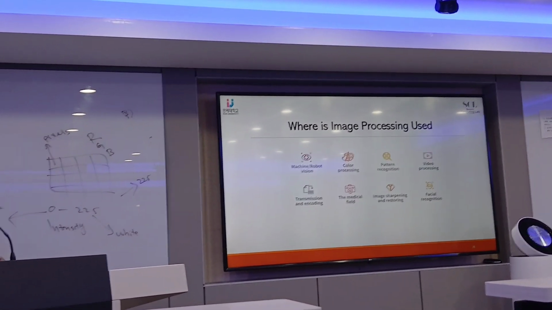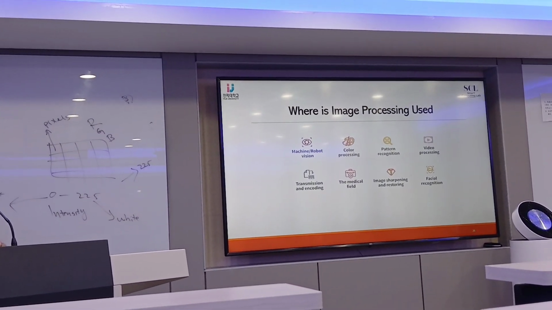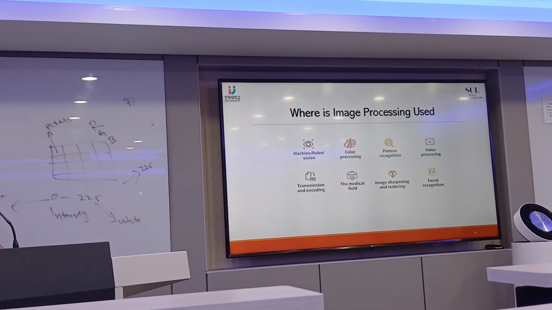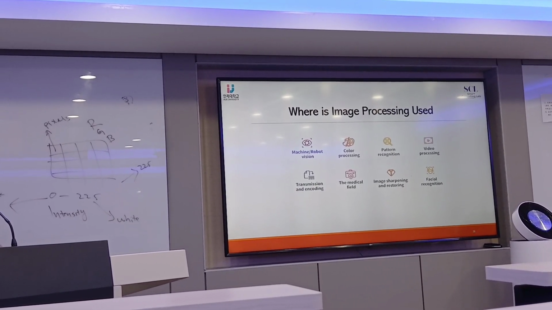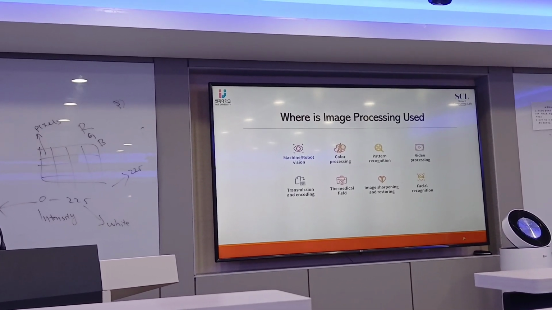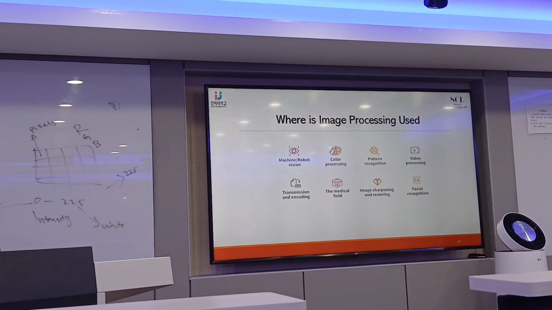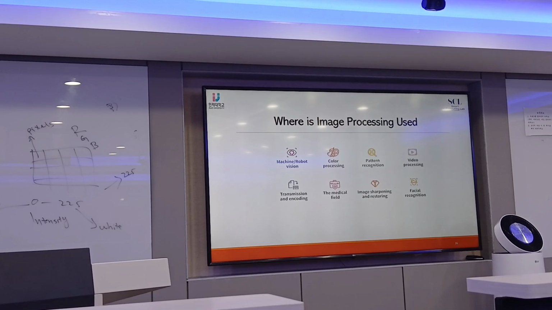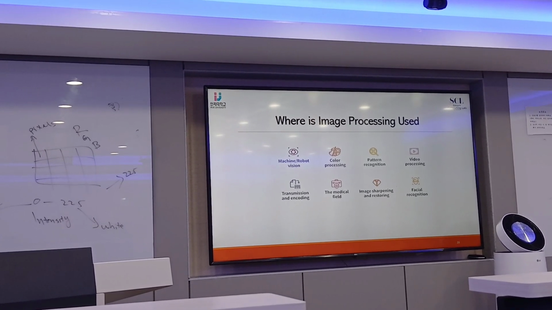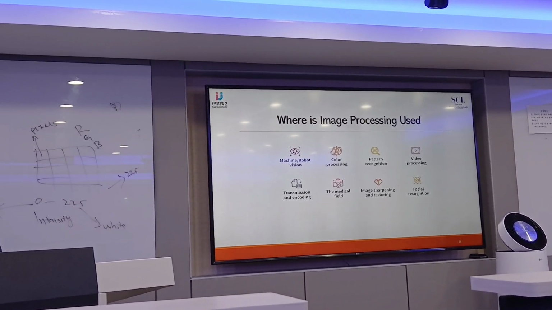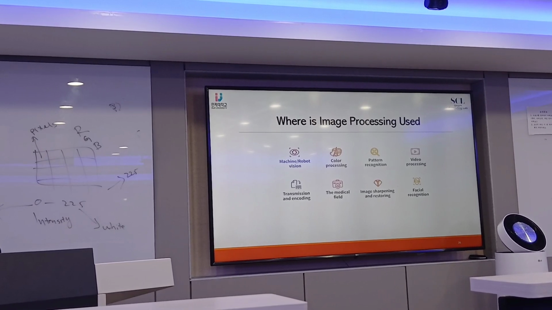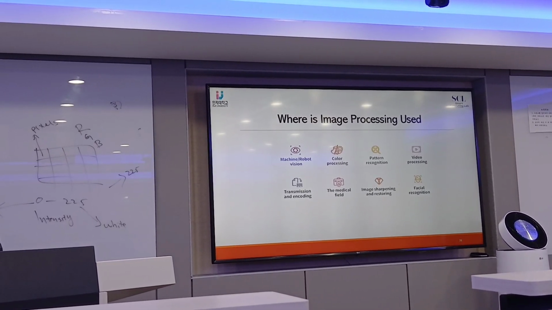We apply different kinds of image processing operations, for example, segmenting the images, enhancing the quality of images, finding the ROI of the images, changing the scale and magnification of the images, and also image sharpening, restoring, and facial recognition.